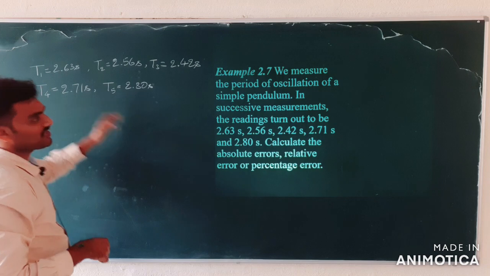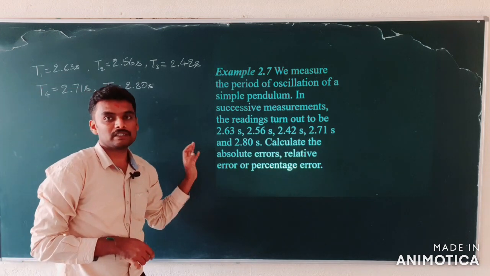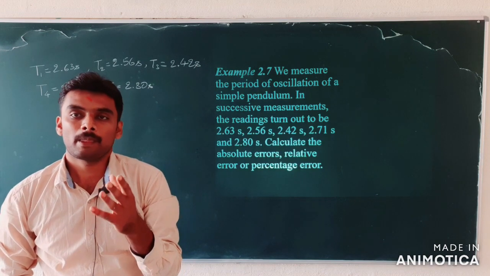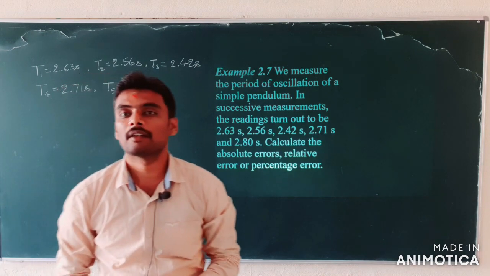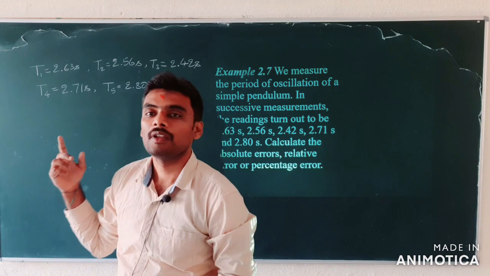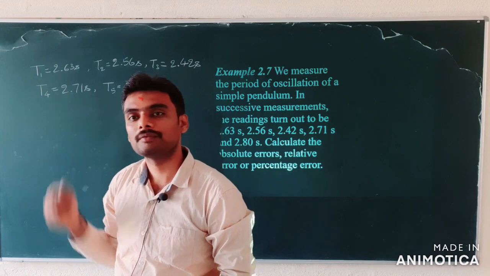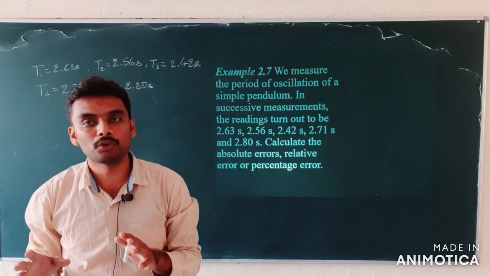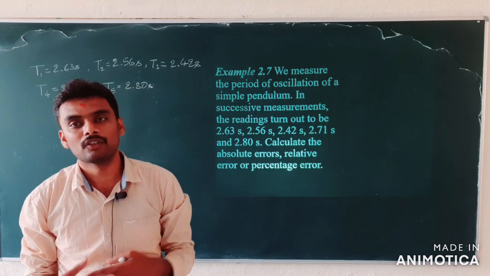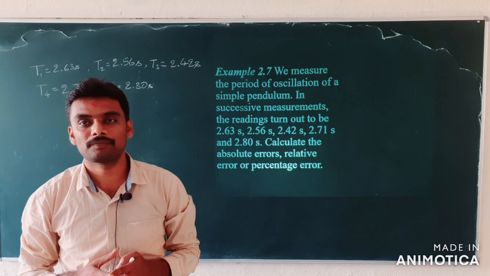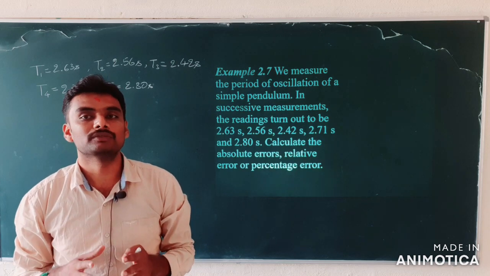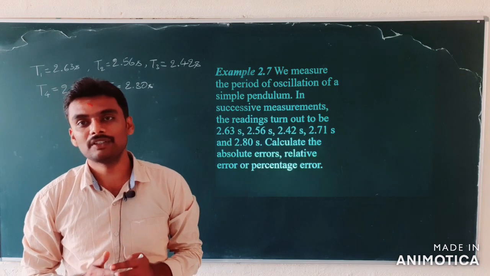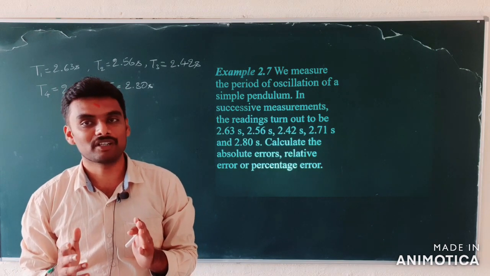Now these are the measurements given and we need to obtain the error. But how do we get the error? The values that we have here are all the measurements and no true value is given to us. So how to get the true value first? When the true value or the standard value of the measurement is not given, we need to consider the mean of the measurements.